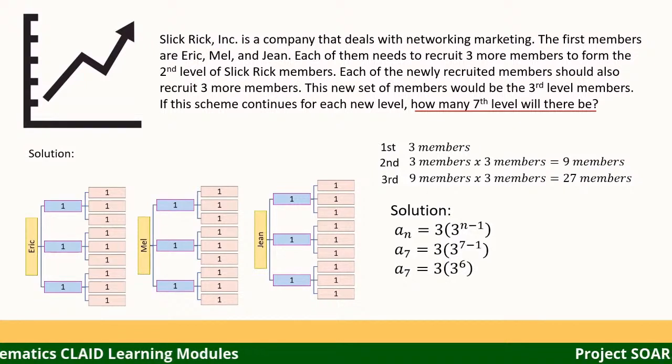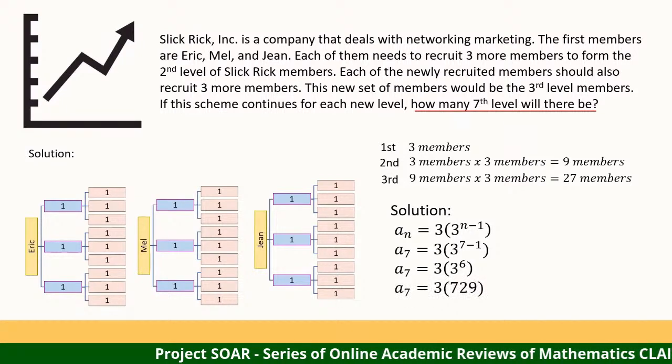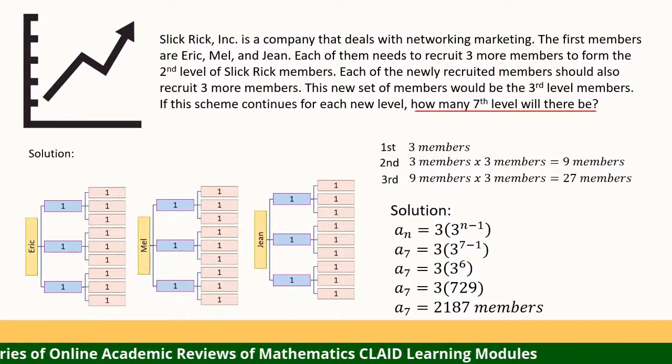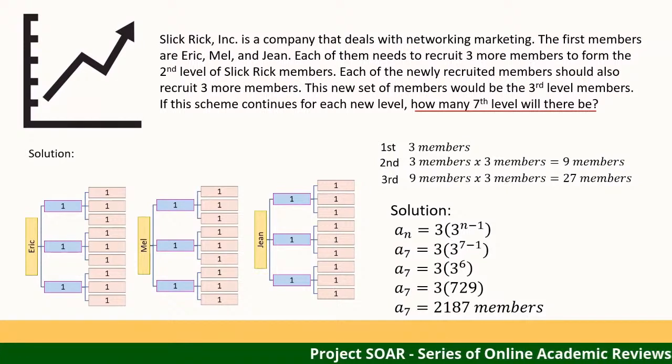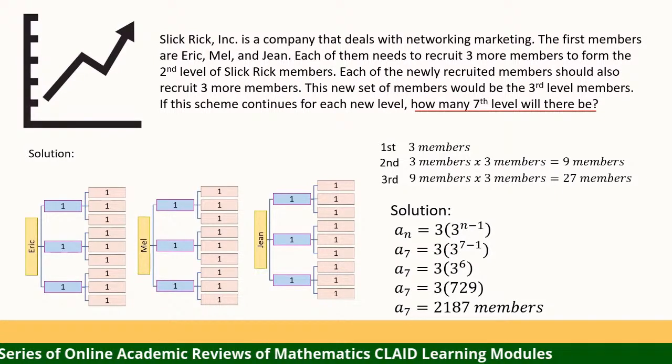So we come up with a of 7 is equal to 3 times 3 raised to 6, which is, in the 7th level, we have 2,187 members. So imagine, ganon kabilis ang member ng Slick Rick kapag nag-recruit ang mga tao nito.